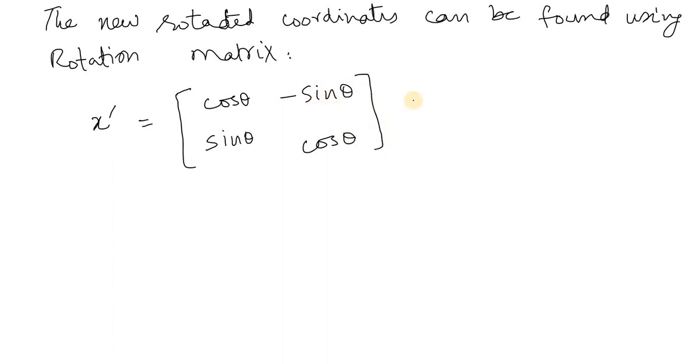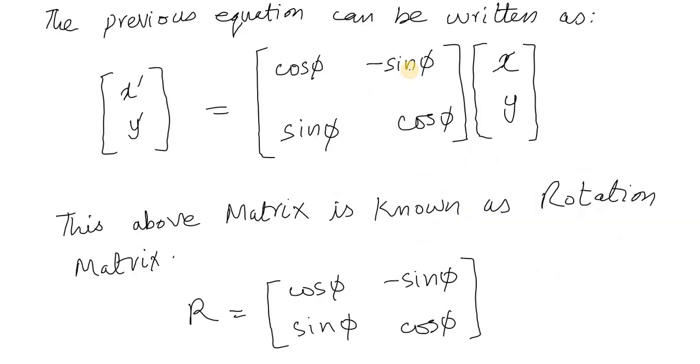So this is a rotation matrix, and now we multiply it with x and y.